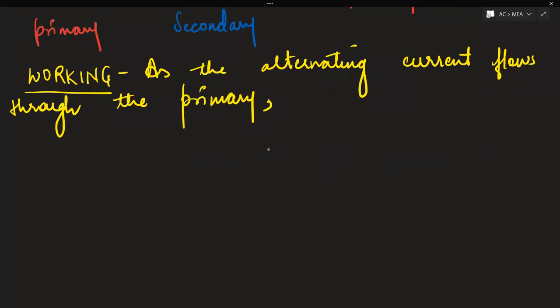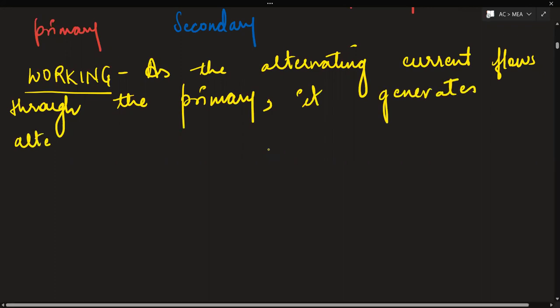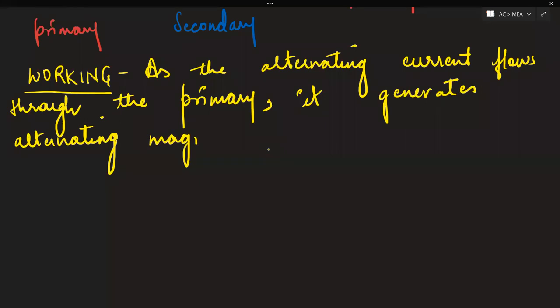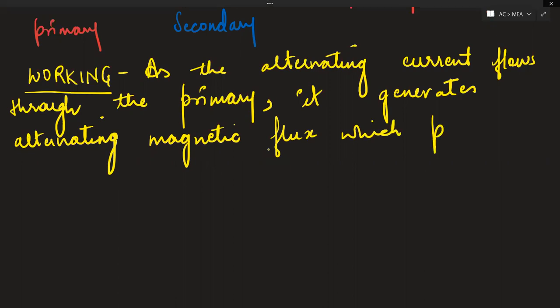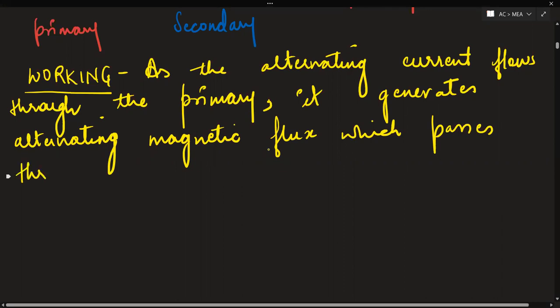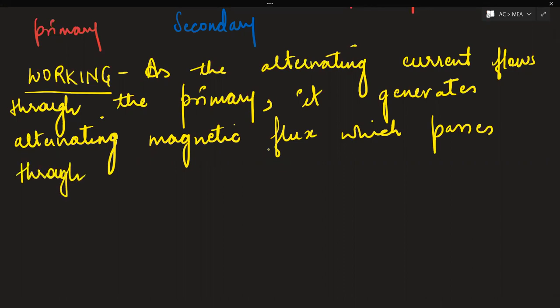It will generate alternating magnetic flux in the core, which passes through the secondary. So this passes through the secondary.